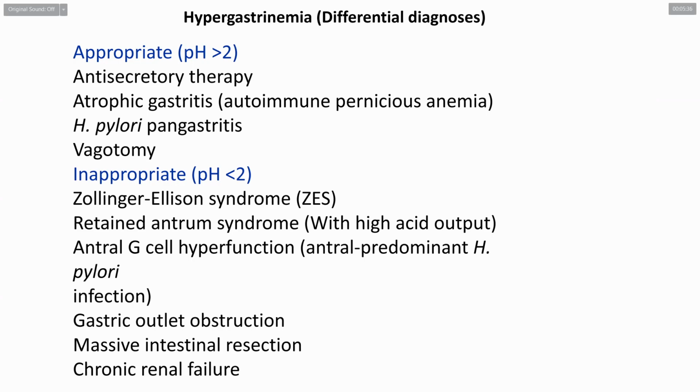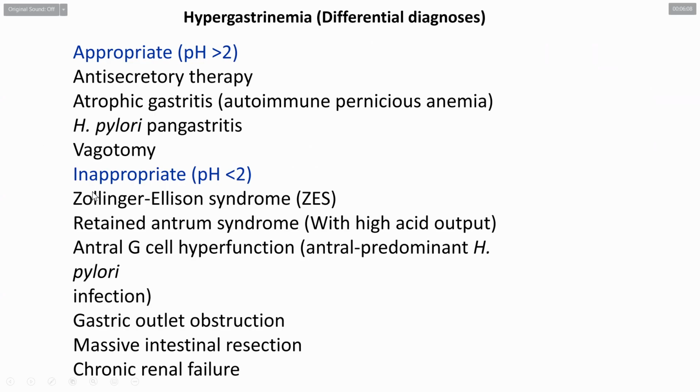So if you have a spontaneous or a primary source of gastrin secretion that is not dependent on the normal physiological process I've just shown you, you will have hyperacidity. And your gastric luminal pH will be very low, hyperacidic, pH less than 2. Okay? And these are usually pathological.